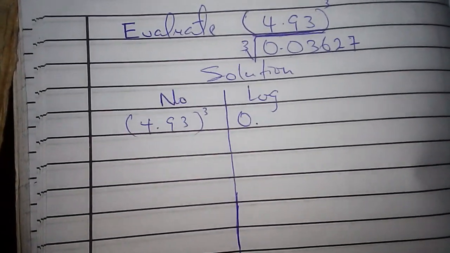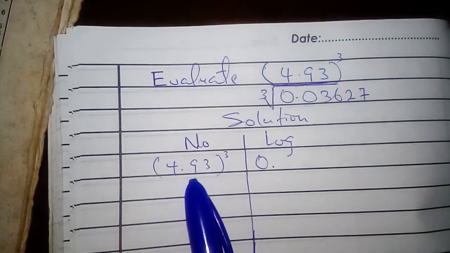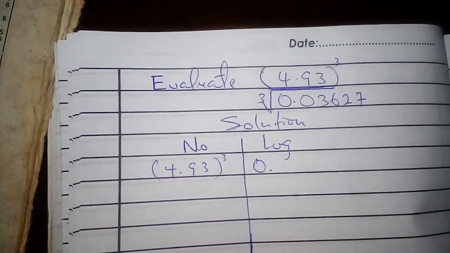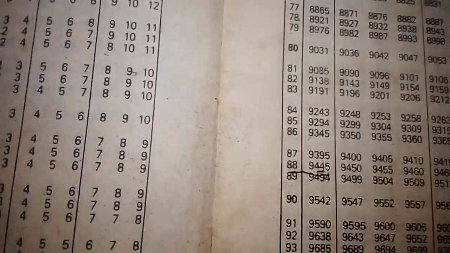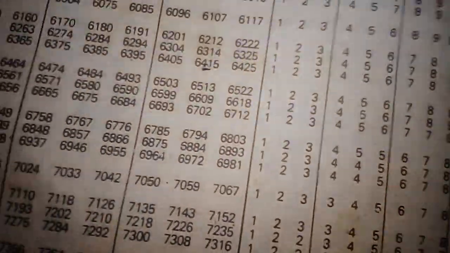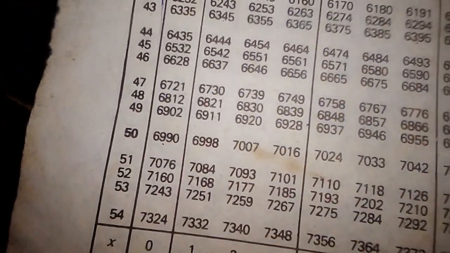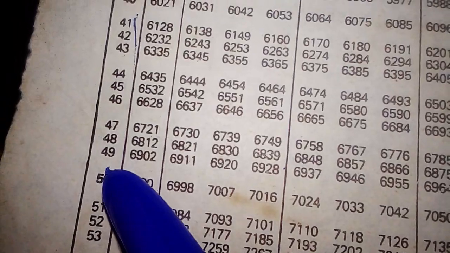Before that, you can now look for 49 under 3 in your logarithm table. So look at my own logarithm table. I have 49 here. Look at 49 under 3.